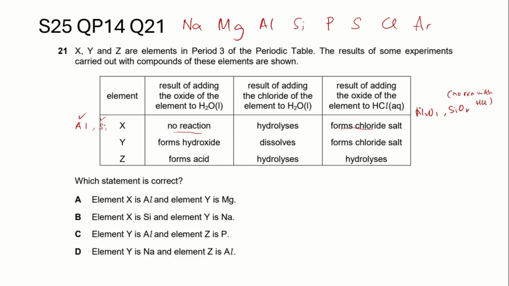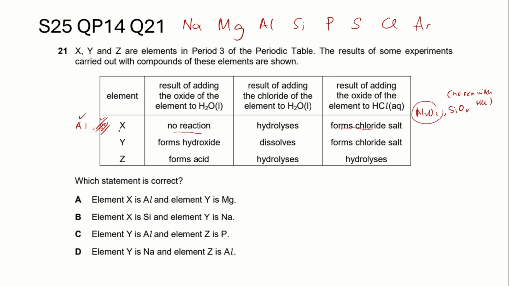Aluminium oxide can react with HCl to form aluminium chloride. That's why here it says forms chloride salt, it will be aluminium oxide. Just now we said X could be aluminium, could be silicon, right? So now from the third result, we know that it is not silicon.